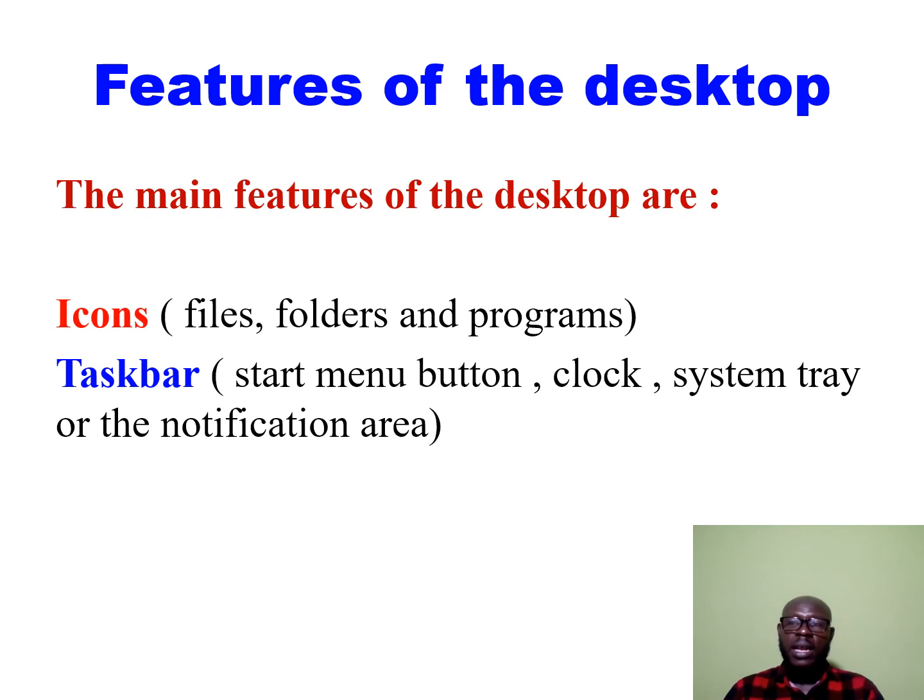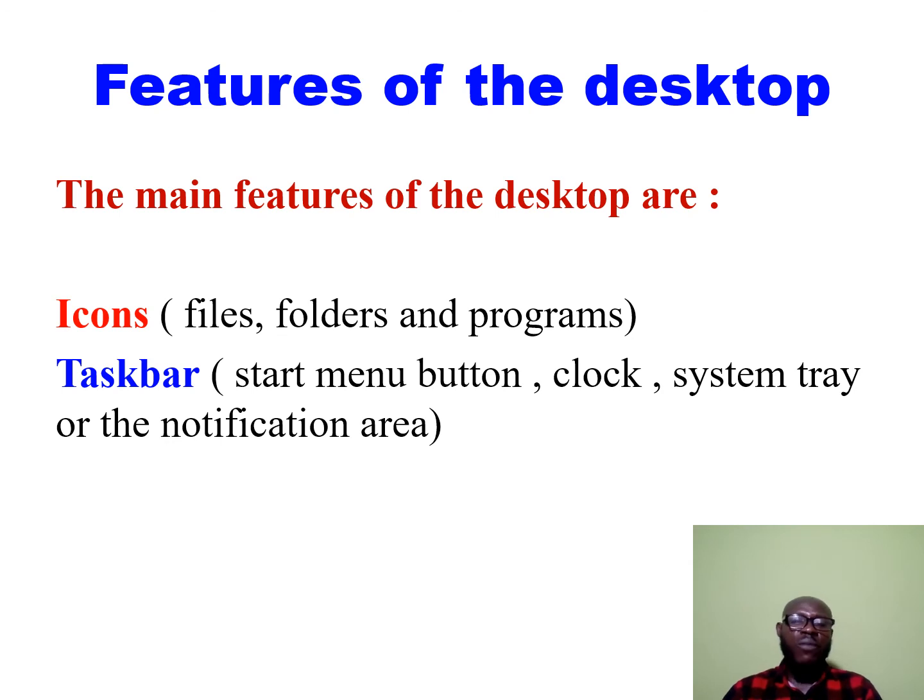So if I say list the features of the desktop, you can't mention icons and at the same time mention a file. No, it is wrong. Icon becomes a collective name for the files that have been installed, for the folders that have been created, and for the programs that have been installed on the machine.